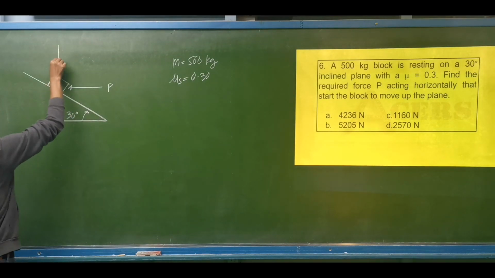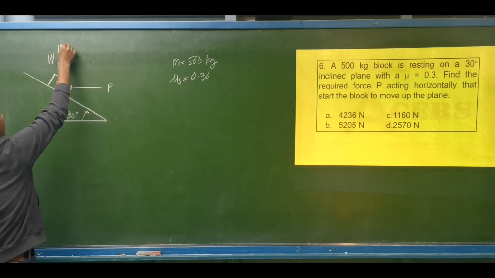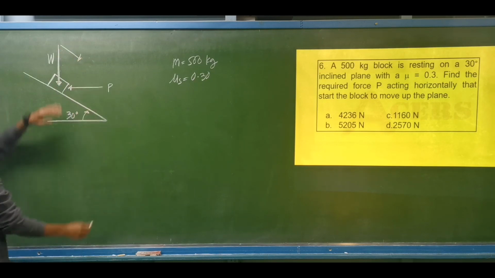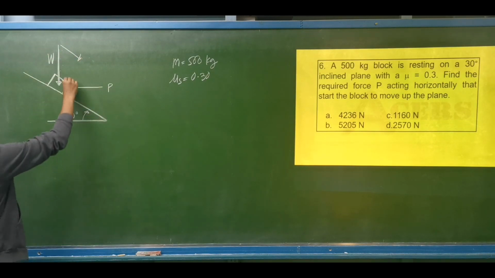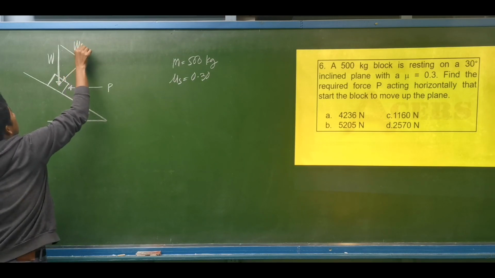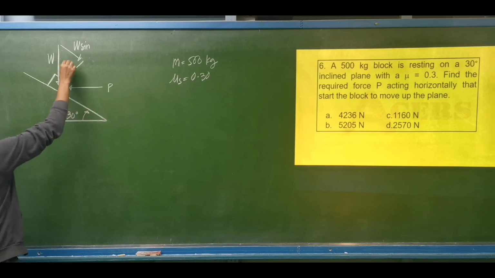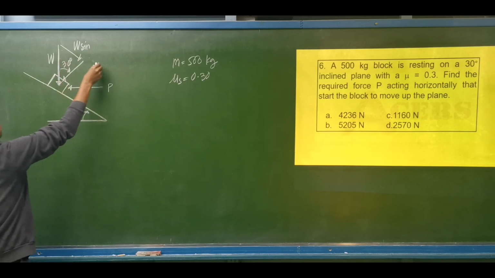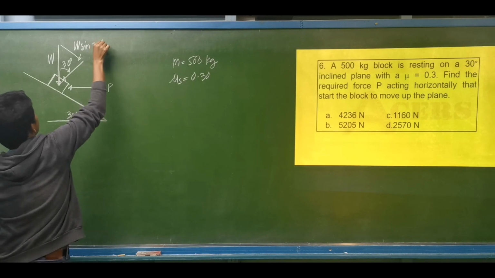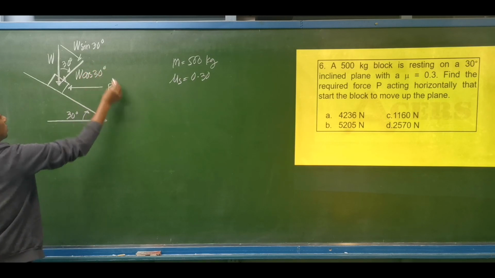So obviously, we have the weight of the block, it is downward. Since it is inclined, we'll be having the component of the weight parallel to the plane. The other is perpendicular to the plane. So this is the weight, sine of this angle is the same as the inclination of the inclined plane, 30 degrees. W sine of 30 degrees, and the perpendicular component is W cosine of 30 degrees.